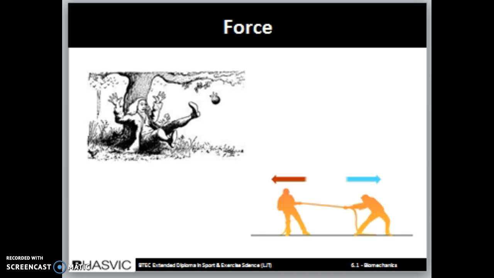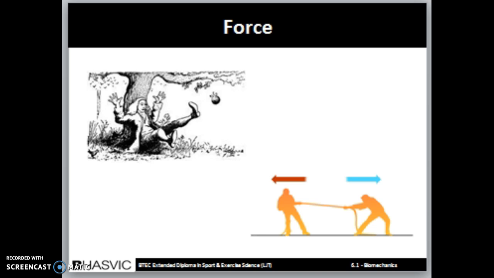There are three Newton's laws. The first one is inertia, so a body that is moving in a straight line will continue to do so unless some force acts upon it externally. The second one is acceleration, so this will be proportional to the force, and the acceleration will go in the direction that the force acts.